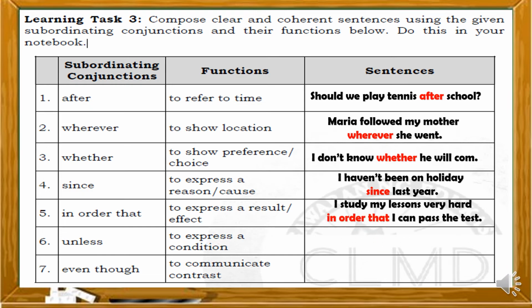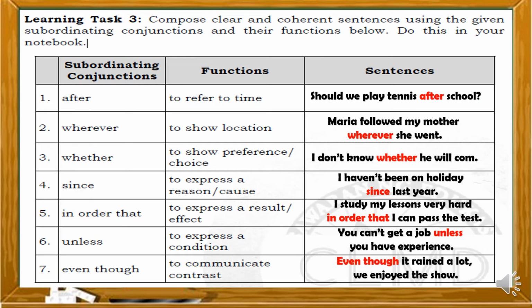And number 5, I study my lessons very hard in order that I can pass the test. And number 6, you can get a job unless you have experience. And number 7, even though it rained a lot, we enjoyed the show. So those are my example sentences, but you have to make your own sentence using the subordinating conjunctions.